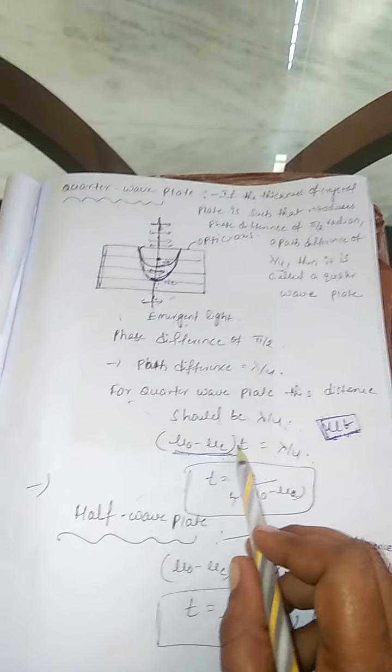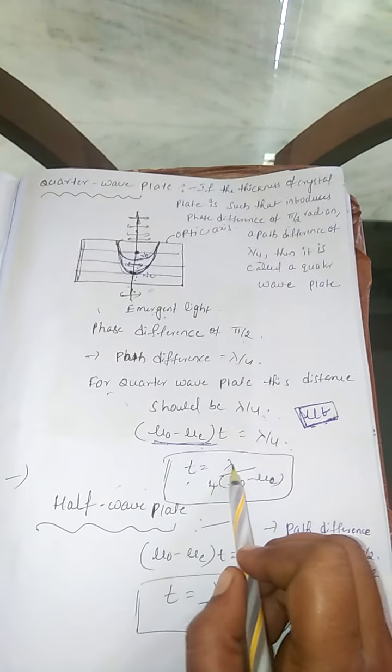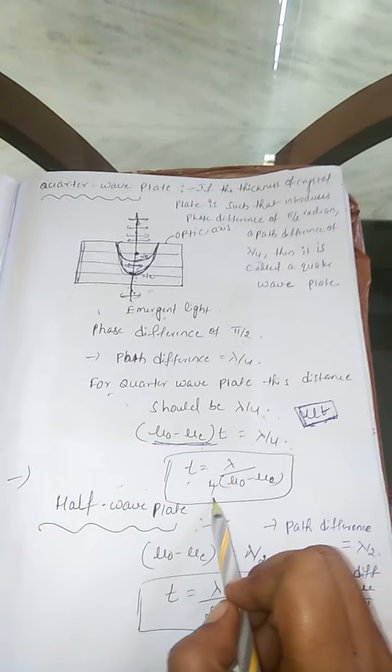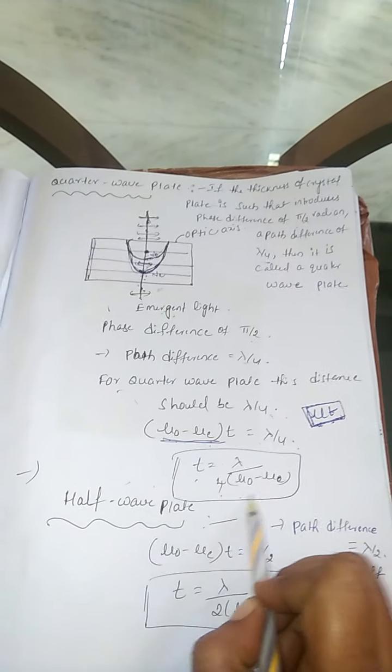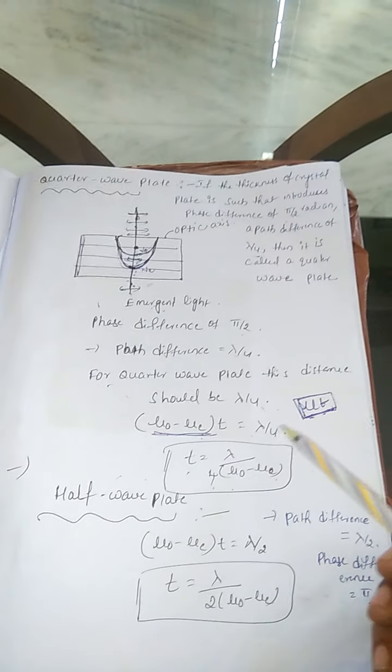From this, t, the thickness of the plate, is equal to lambda by 4 into mu naught minus mu e. So this is the quarter wave plate.